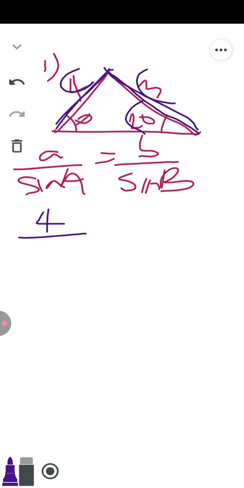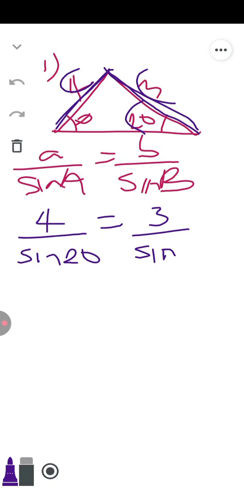So this is a: 4 over sine 20 is equal to b, the last one: 3 over sine theta.